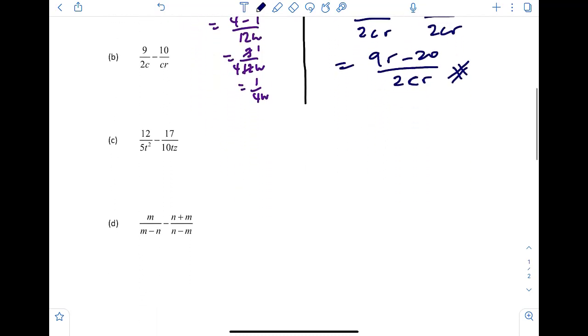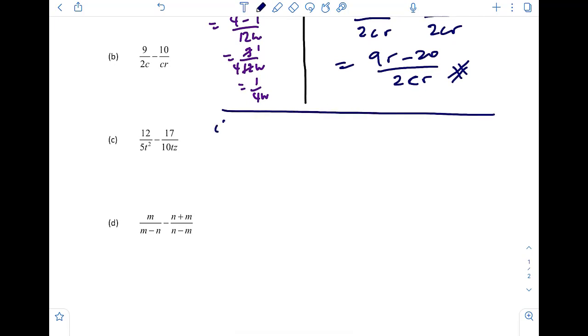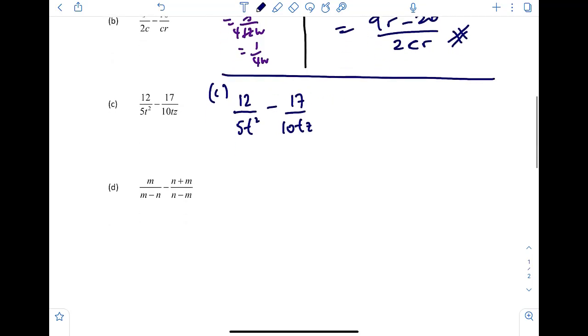Now for part C, 12 over 5t squared minus 17 over 10tz. Alright, so in terms of numbers 5 and 10, you need to times 2 so that you get 10.